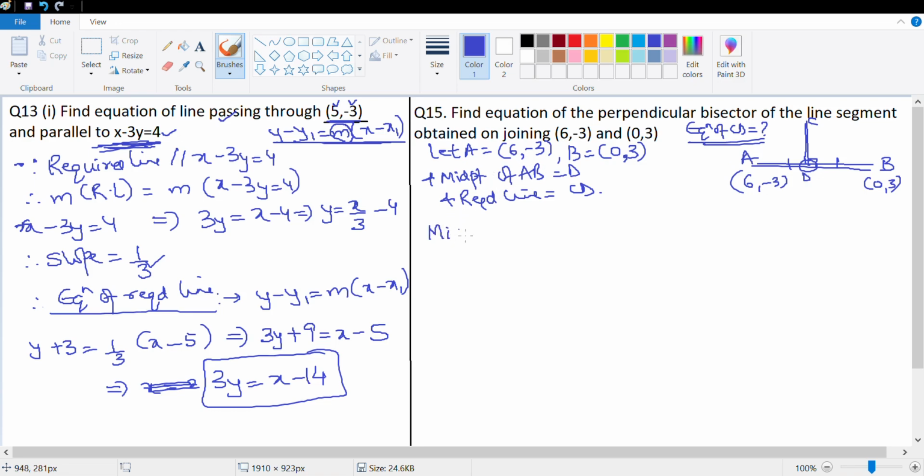So the midpoint of AB, which is D, will be equal to 6 plus 0 upon 2 and negative 3 plus 3 upon 2. So this will be equal to 3 comma 0. So D now is 3 comma 0.